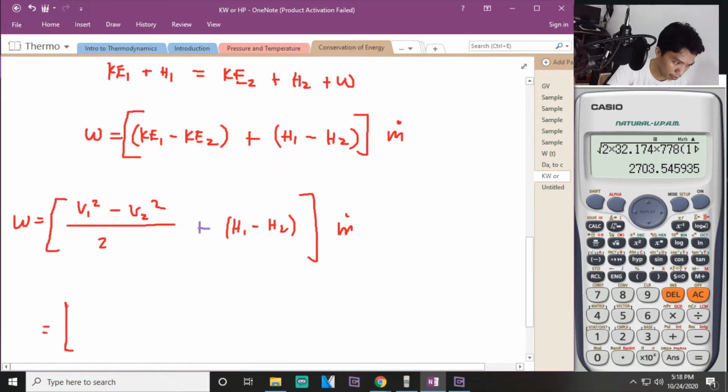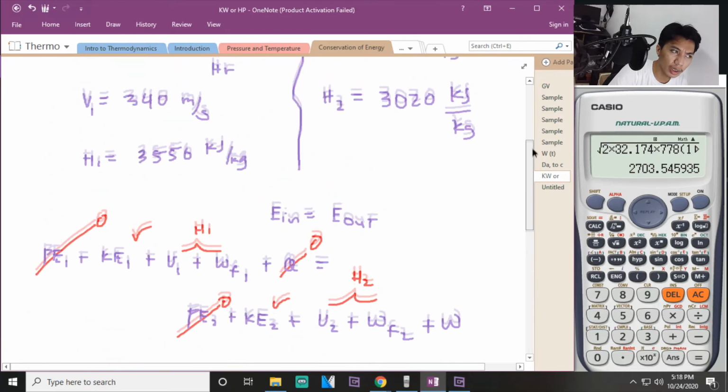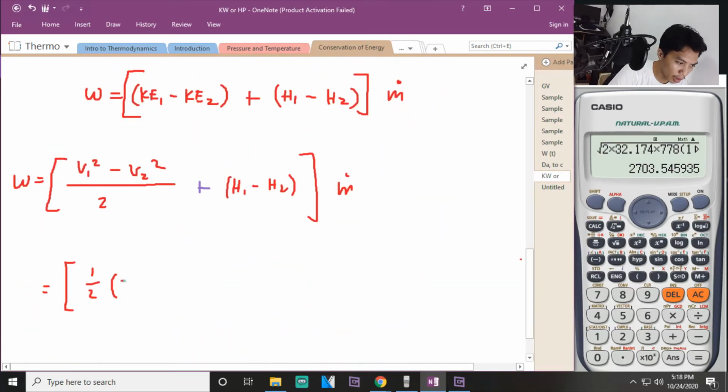So, 1/2 times V1 is 340 ba yung nakalagay? 340 ayun. 340 minus yung isa that is 259. Ang lalabas na unit dito pag in-square natin itong dalawa is meter squared per second squared.